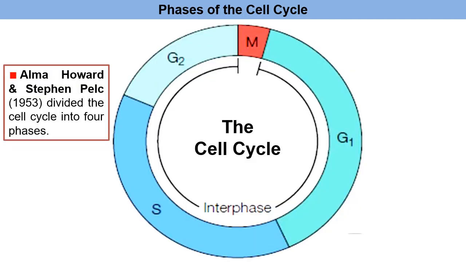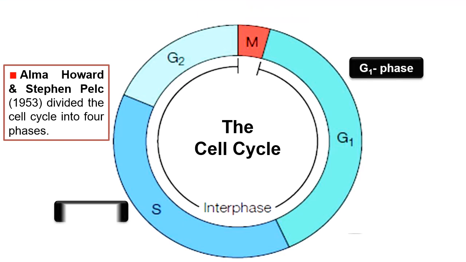The concept of the cell cycle and its different phases were first ascribed by Alma Howard, a radiobiologist, in collaboration with Stephen Pelk, a physicist, in the year 1953. According to Howard and Pelk, cells that are dividing undergo a series of coordinated events called the cell cycle, which is traditionally divided into four distinct phases.